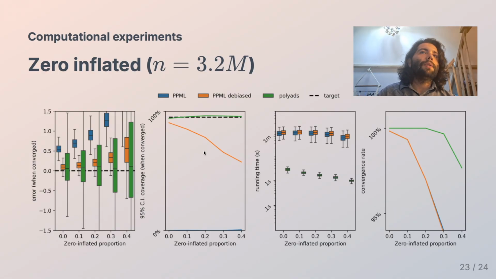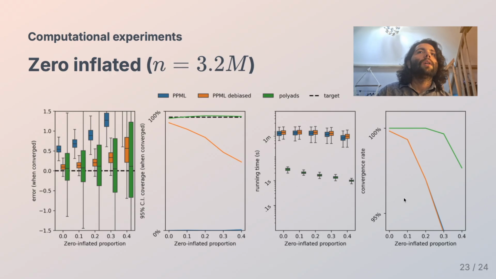And we see that both PPML and PPML debias, as we increase the probability of deletion, their error increases. Meanwhile, for the polyads method, our variance does increase, but we stay centered at 0 in the error. Our coverage also stays quite nicely at 95%. Meanwhile, PPML coverage is at 0 and the debiased version is decaying.